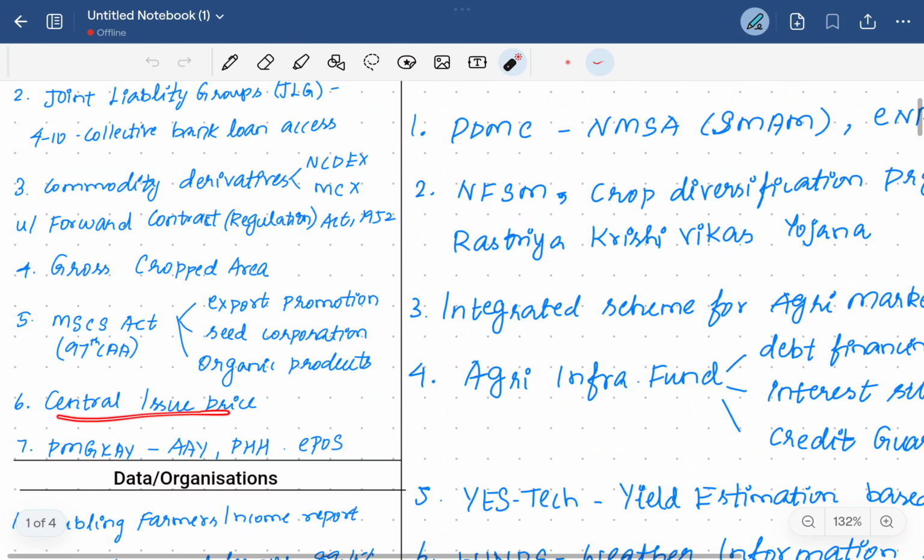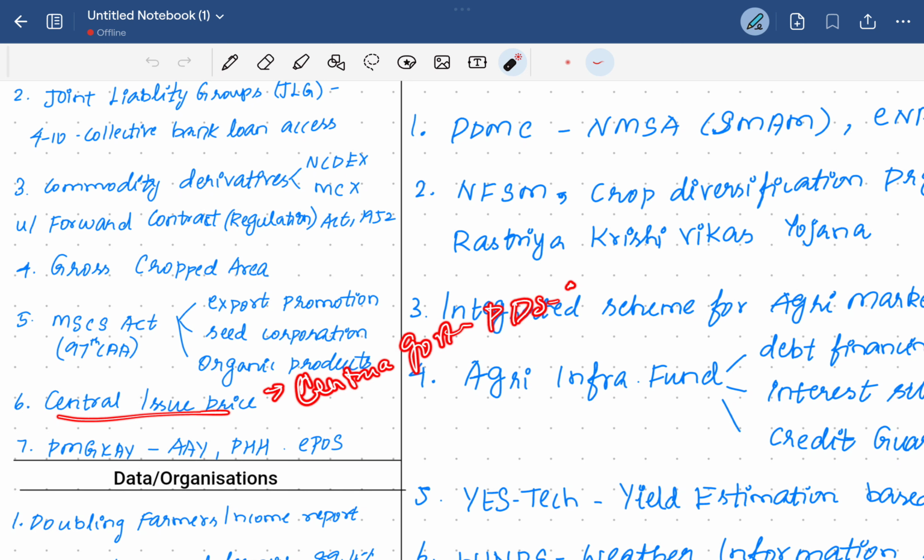Then the central issue price is nothing but the issue price of the central government for PDS food, which the central government gives to the state government. So this is the central issue price.